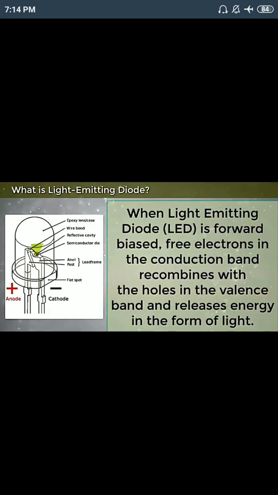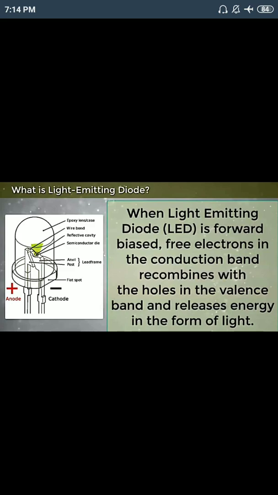Whatever electrons are in the conduction band will release that energy. Its equation is E equals h times f, with some frequency, because every light has a different frequency. So whatever energy it releases has some frequency.